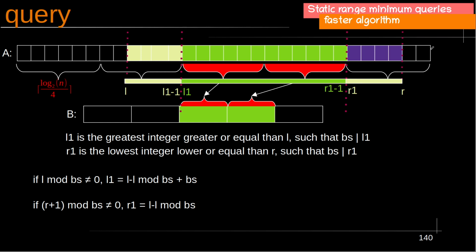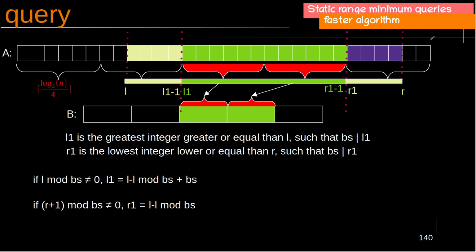How to know this? Say I have another block here. This is R. To know if R is the end of the current block, just add 1 here. If R is the end of the current block, then R plus 1 is the beginning of the next block, which is not the case here.